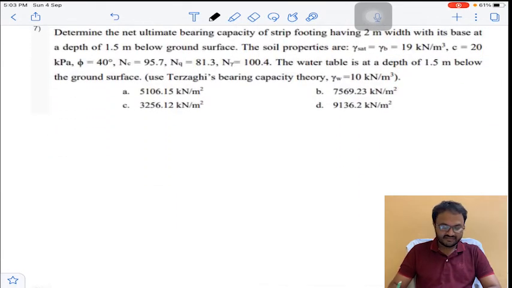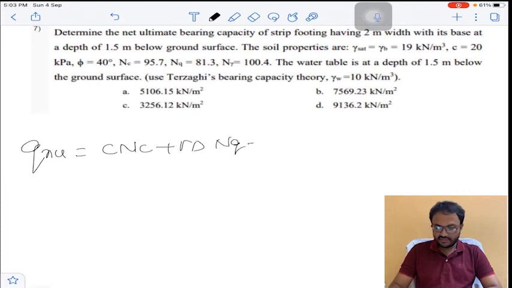Coming to question number 7. Calculate the net ultimate bearing capacity of a strip footing. We have a formula: QNU is equal to cNc plus gamma D (Nq minus 1) plus 0.5 gamma B N gamma.